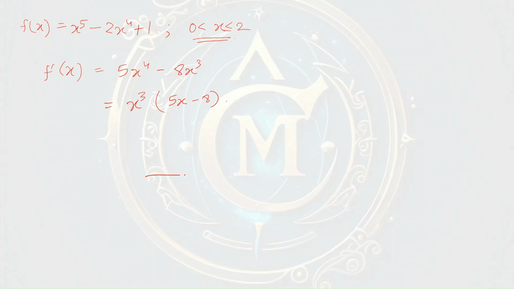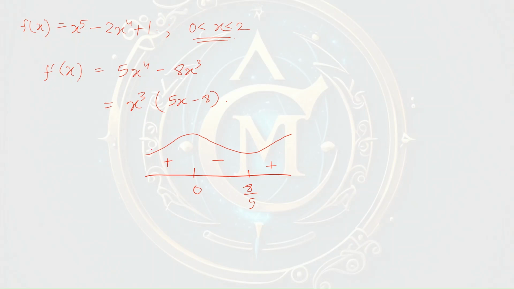Here, if we use the wavy curve method, the critical points of this derivative must be plotted. Here it is x equal to 0 and x equal to 8 over 5. As the leading coefficient is positive, here plus, minus, plus and so on alternatively. So the function increases like this and then decreases like this and then increases like this.